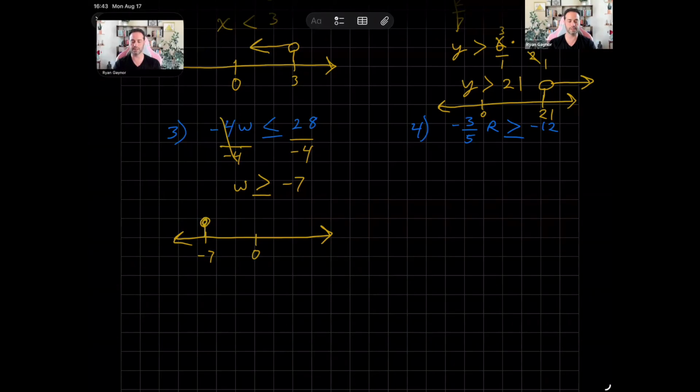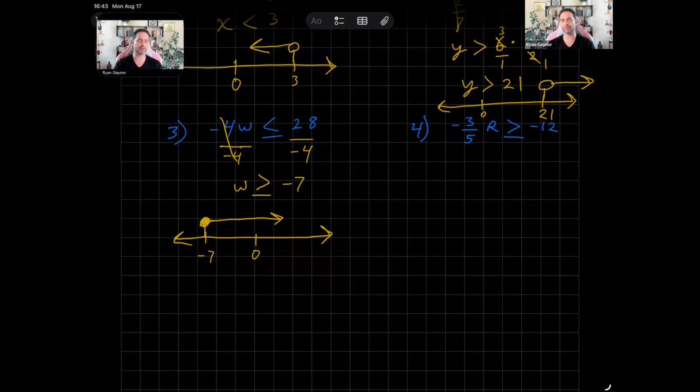Remember now, this is greater than or equal to, so it's a solid circle, and then greater than means to the right, and so there you have it. W is greater than or equal to negative 7, which literally means the answer could be negative 7 or any number that is greater than negative 7.